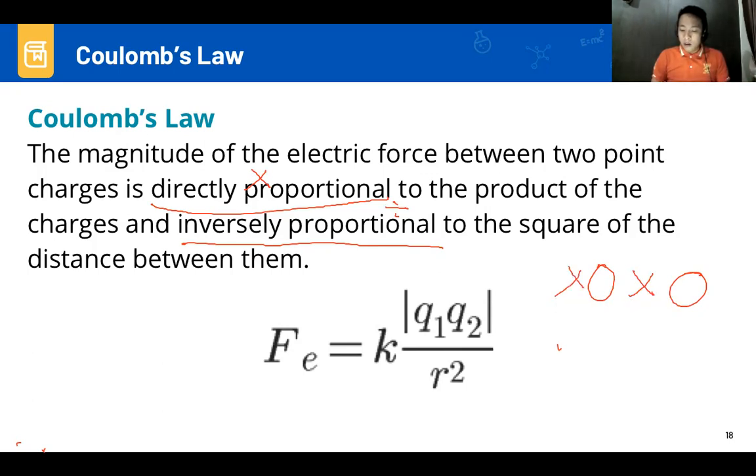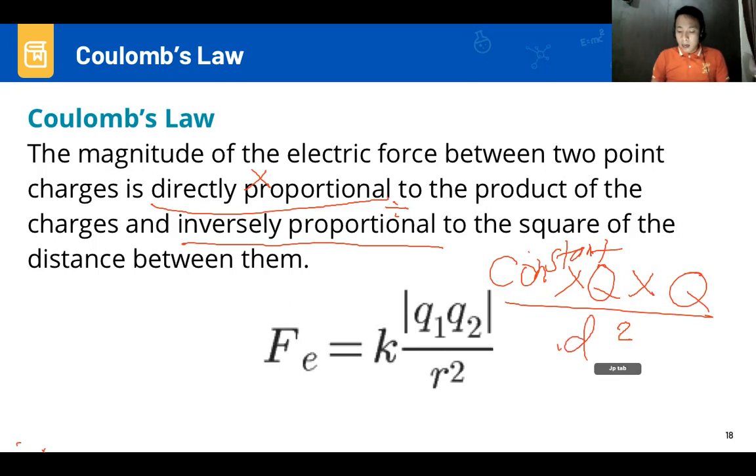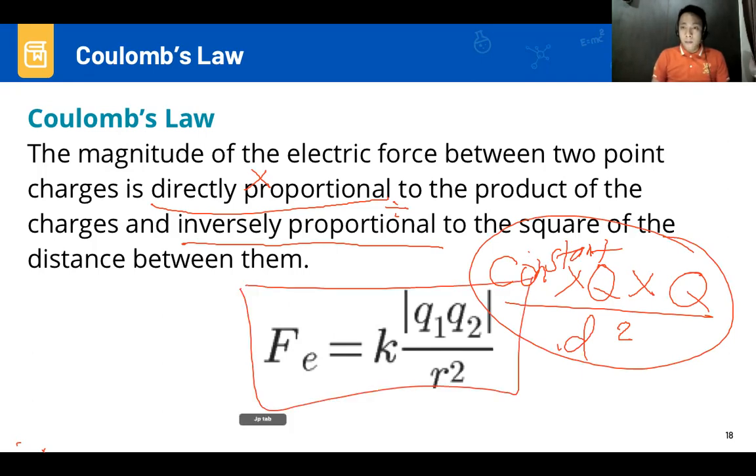So we have a constant here, a constant multiplied by the two charges, and inversely proportional to the square of the distance between them. So this will be the distance. In arranging those, we have this formula here. I will discuss the formula so you can understand more.